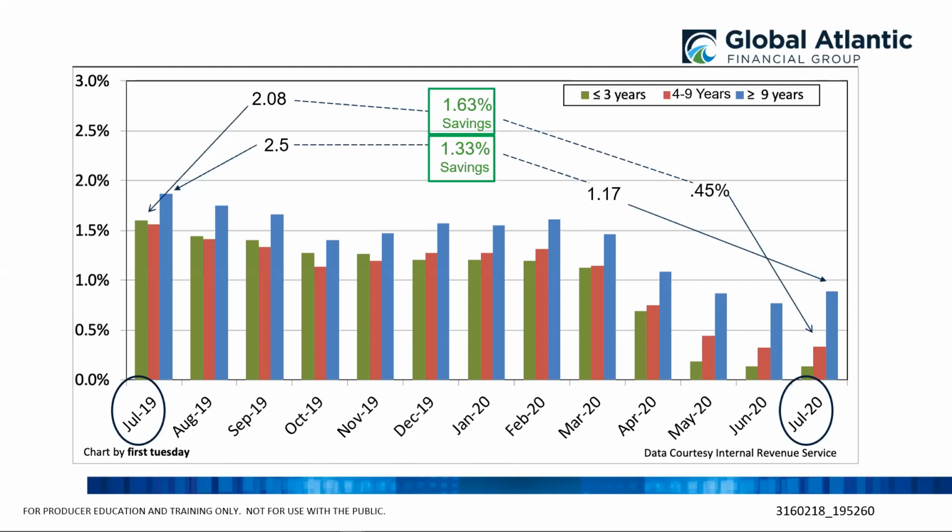Even if you say 2008 is a long time ago, how about 2014? Six years ago, the long-term interest rate was still over 3%. There's a 2% savings just going back and redoing arrangements from 2014. 2% of $1 million is $20,000 on every million.